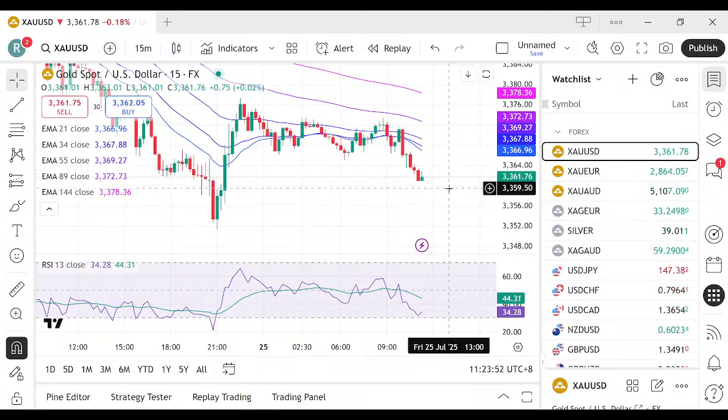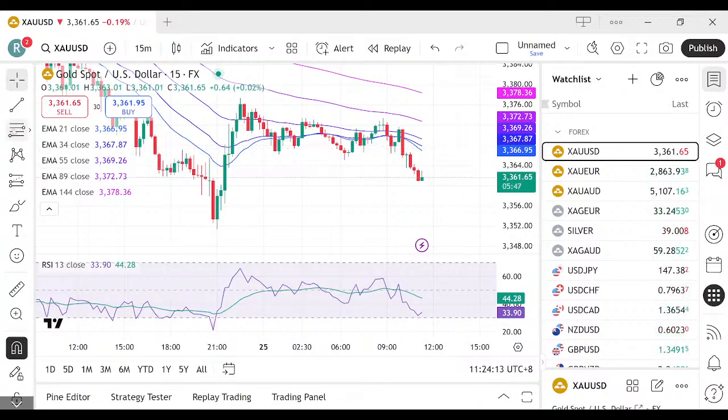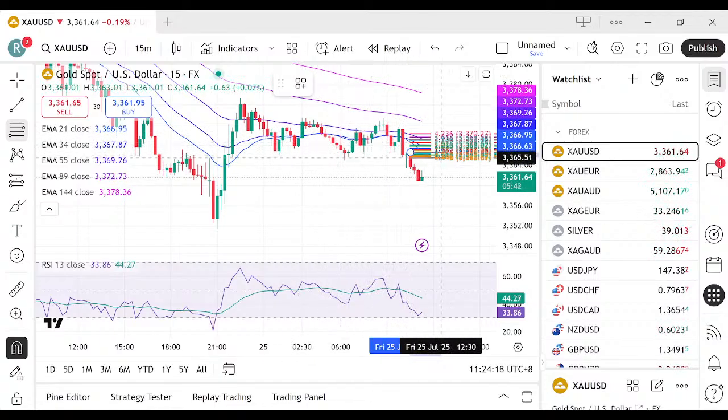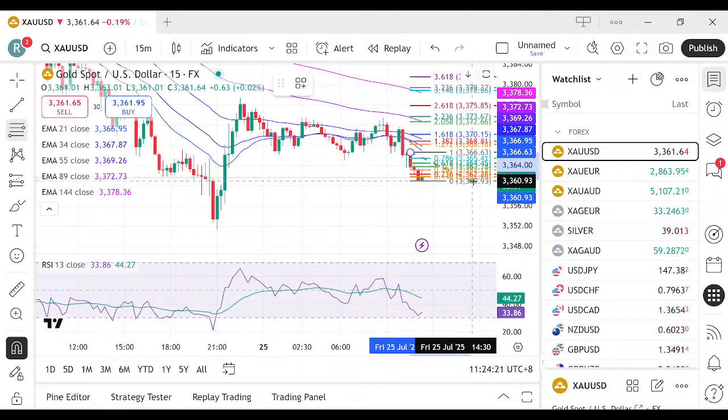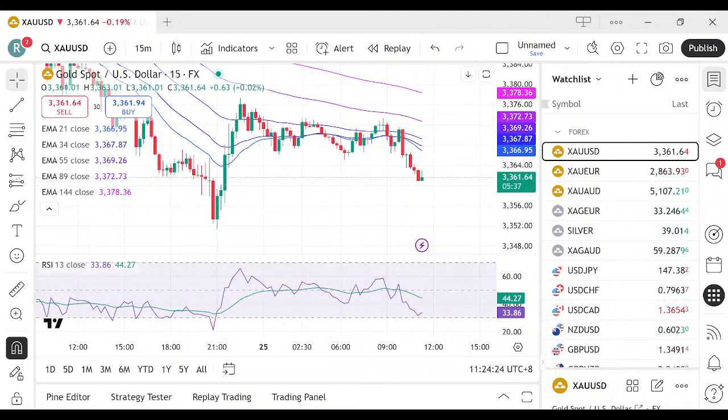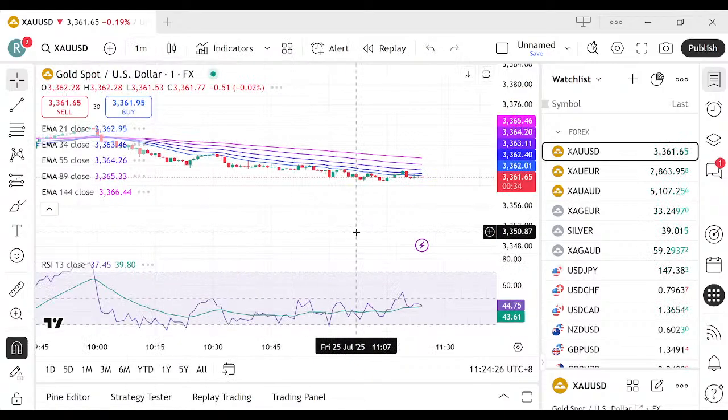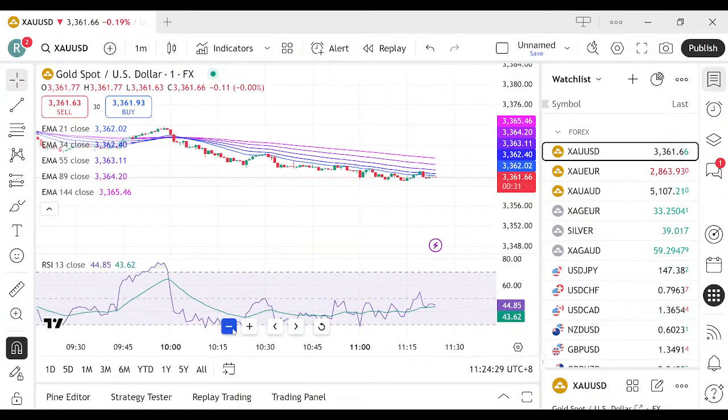Okay, 57 or 52, that should be our scalping target. Day trading target, we are looking at 40 or 45. So what we can do, okay, let me see the stop.